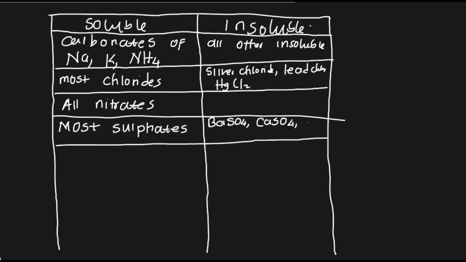Apart from calcium sulfate, lead sulfate is also insoluble. Then even silver sulfate is also insoluble. These are the ones we'll focus on for now. So we've looked at the sulfates that are insoluble and also those that are soluble.